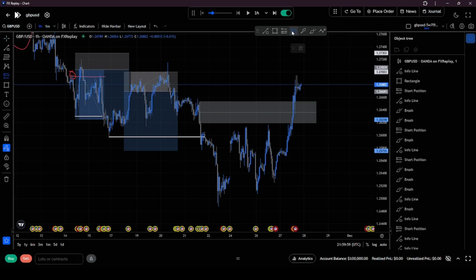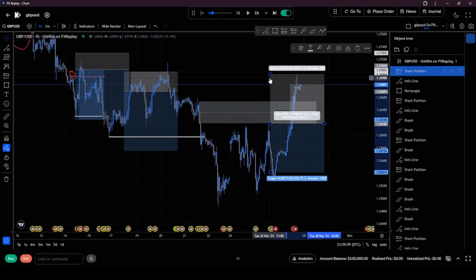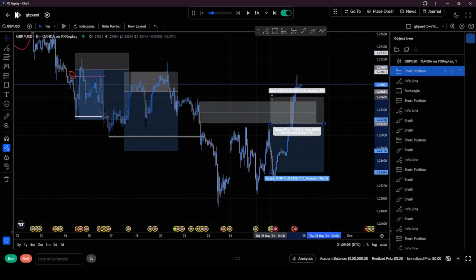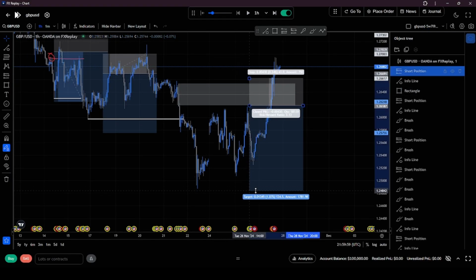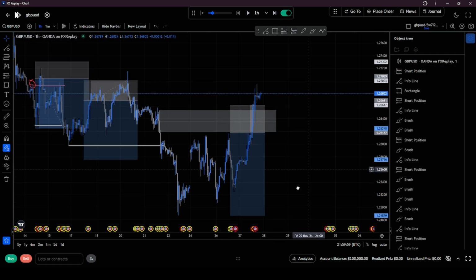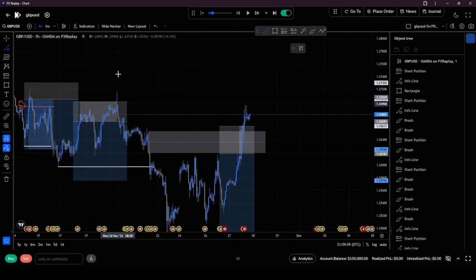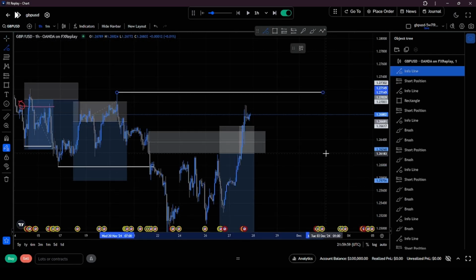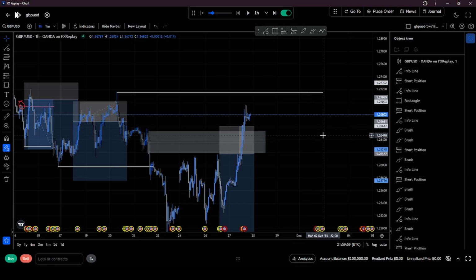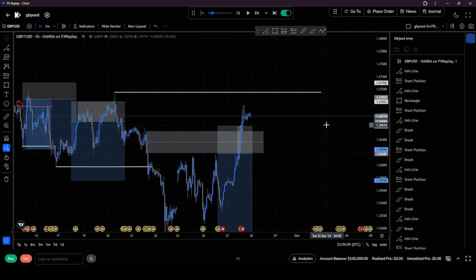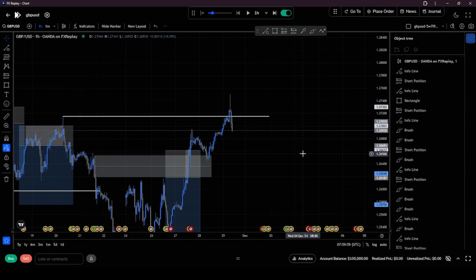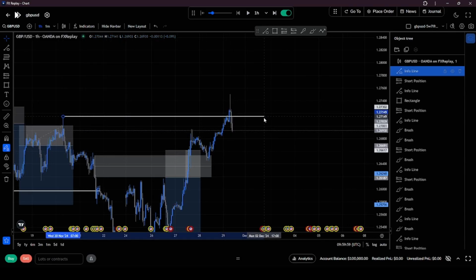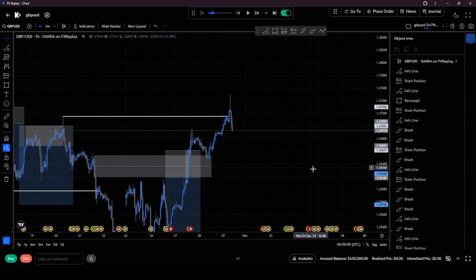So we would have been stopped out on this trade. Okay. That's how trading works. You can't get anything 100%. All right. So let's see if this will break. Okay. Yeah. It has broken.